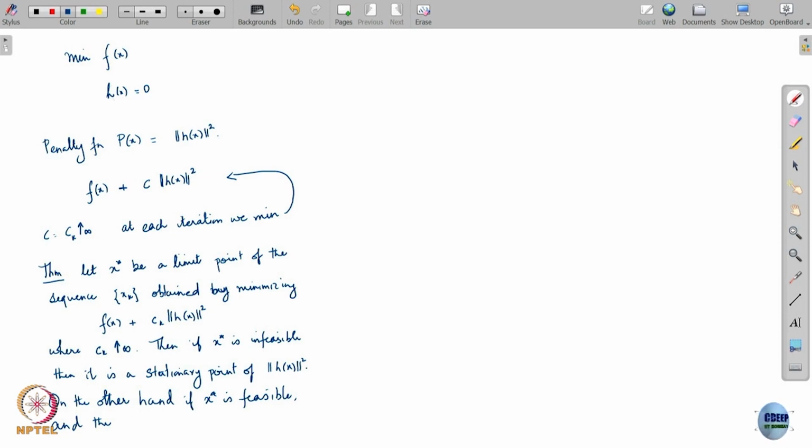So, we will allow for this. So, let us say h_j of x equal to 0, j equals 1 to p, and then we could write this as norm of this. Okay. So, this would be the penalty function for the jth constraint, and this would then be a summation from 1 to p. Okay. All right.